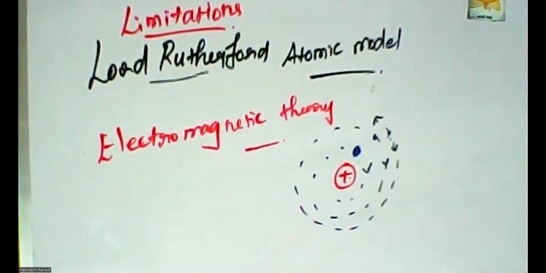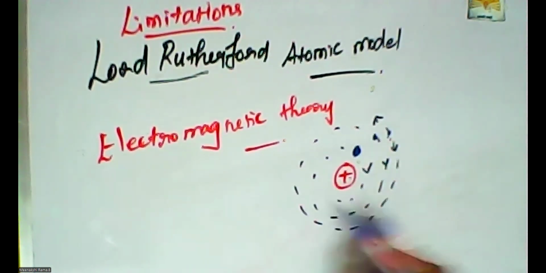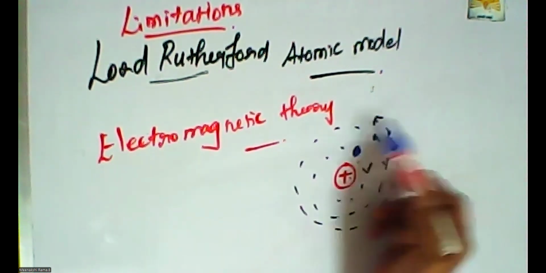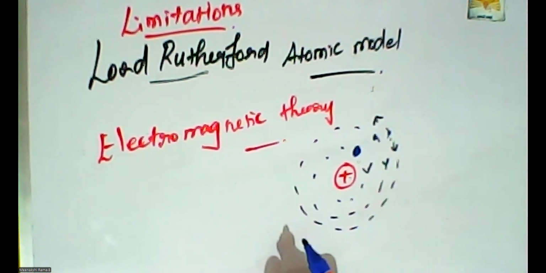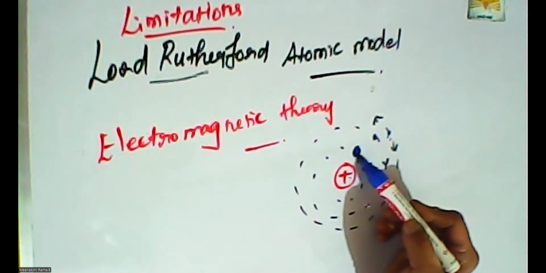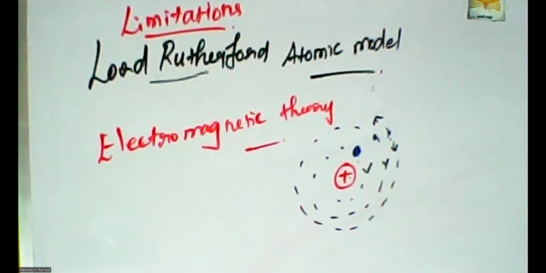Because of loss of energy, the electrons are always around the nucleus. When they are continuously revolving, definitely the energy will be lost due to the rotations.